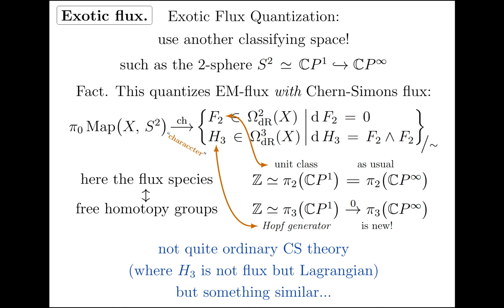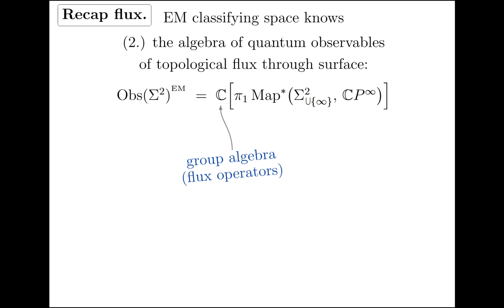So it's quite curious here. What we're dealing with is not quite ordinary Chern-Simons theory. In ordinary Chern-Simons theory, this H3 is not a flux density, but a Lagrangian density. In contrast, here we're not even talking about Lagrangian densities. We'll be setting up a non-Lagrangian theory, because remember the previous formulas got us to the quantum observables, I'm scrolling back here, directly, without writing down a Lagrangian density, without fixing it in various ways to make it globally defined, and then finally quantizing it and waving our hands.